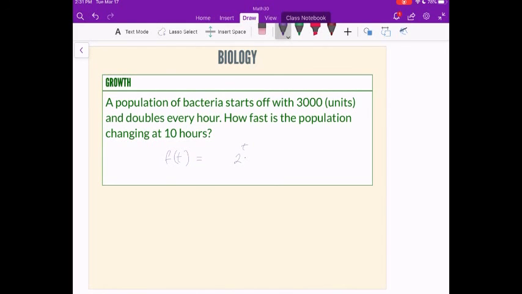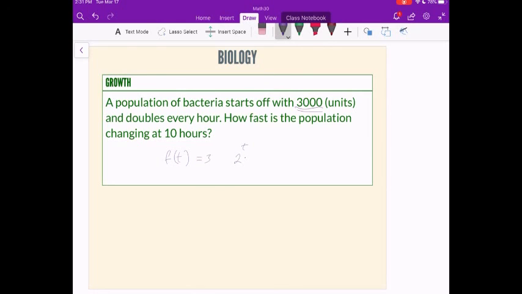So after the first hour, I'll be multiplying by 2 to the 1. That corresponds to the 6,000 units. After 2 hours, I'll be multiplying by 2 and then 2, so 2 squared. And that will correspond to 12,000 units. So the only problem with my function at this point is I don't have anywhere that it starts at 3,000.